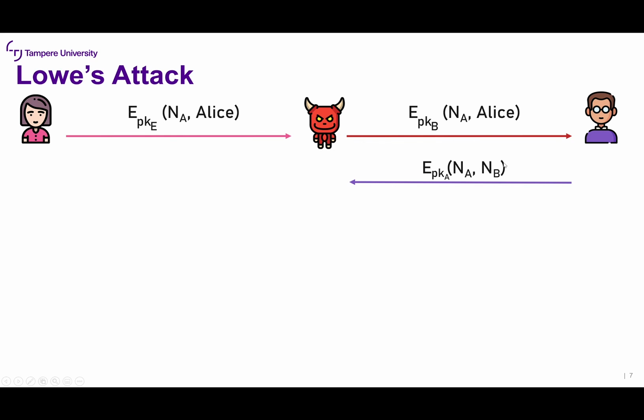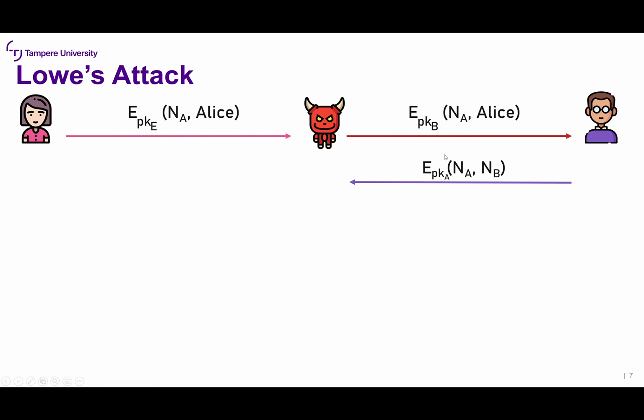And NB, which is the fresh nonce generated by Bob, and at the end of the protocol, that nonce would have to be sent to Bob encrypted with his public key. So whoever sends that nonce to Bob has access to SK of A, which means that person would be Alice, right?